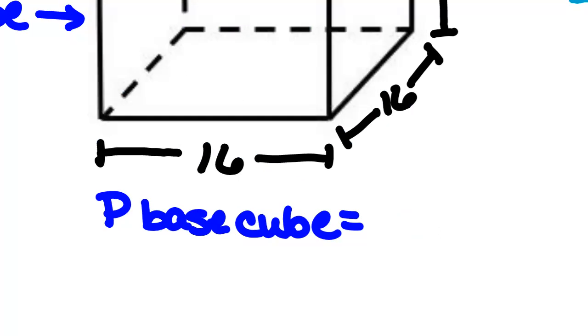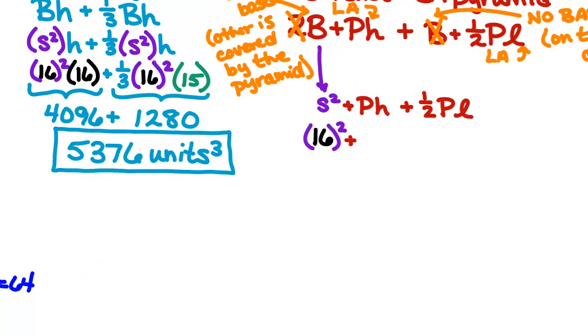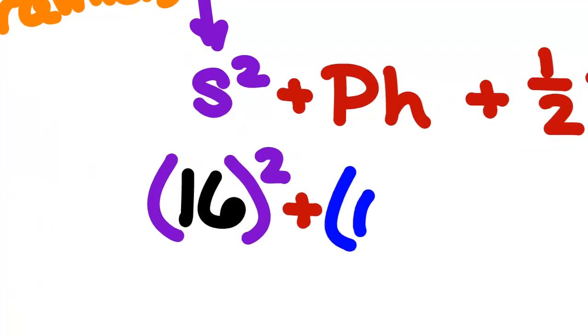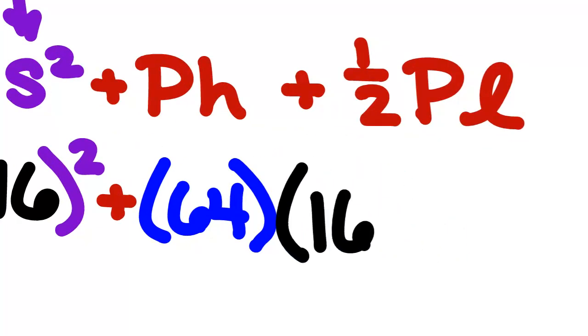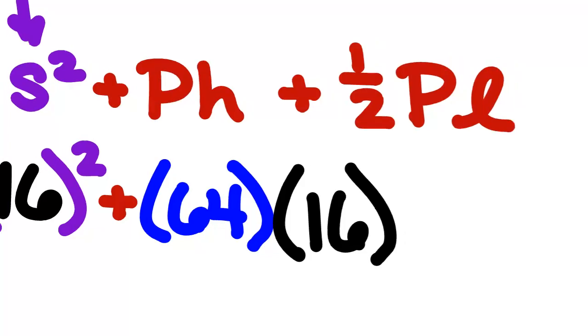How'd you get it? 16 times 4 gives us 64. So we're going to put 64 in the place of P over here. And then what is the height of the cube? 16. So 64 times 16 gives me my lateral area on the cube.